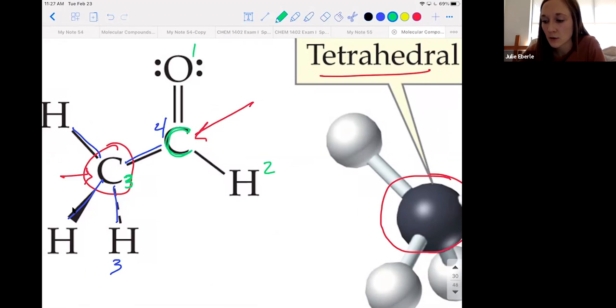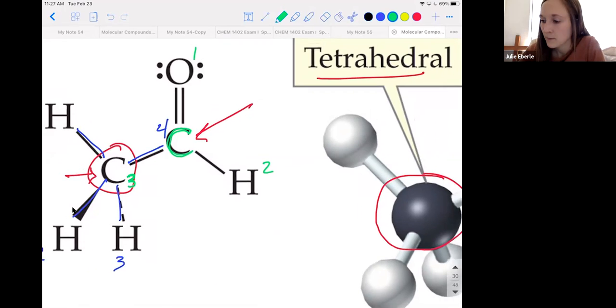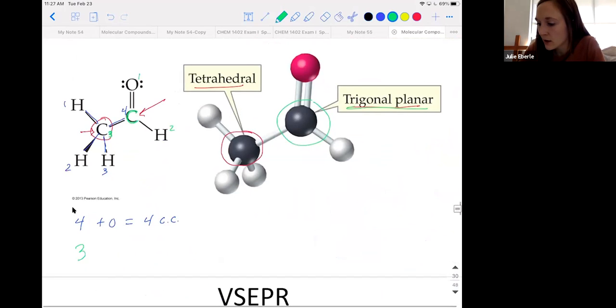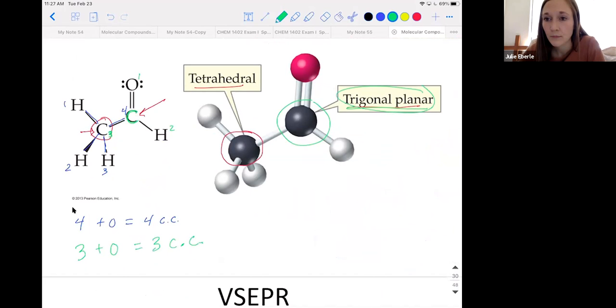Just because you name that one initially does not mean you don't count it as a bonded atom to the second one. So here, for the carbon in green, we've got 3 bonded atoms, no lone pairs. That's 3 charge clouds. That is how they got trigonal planar. When you look at the table, that should give you trigonal planar.